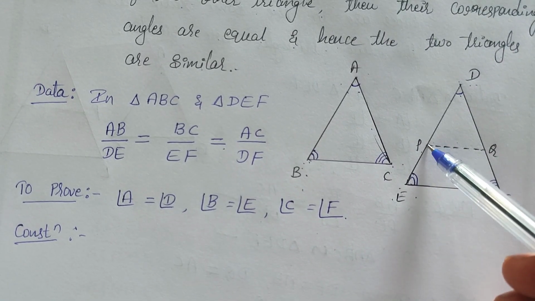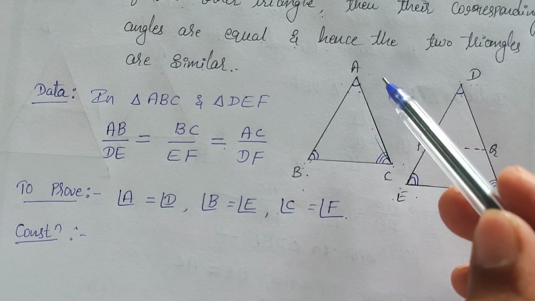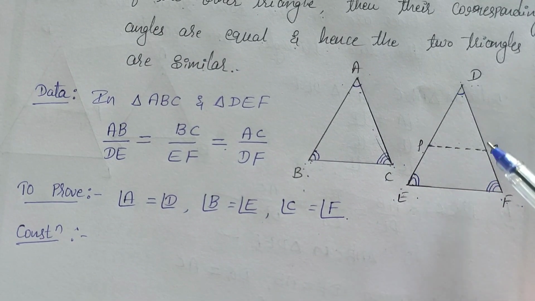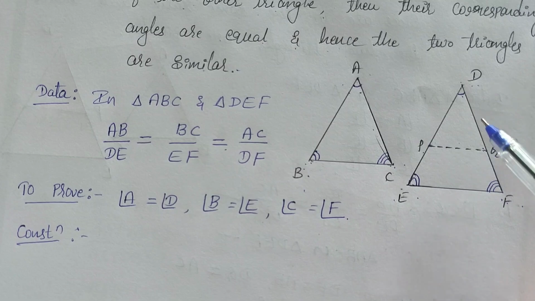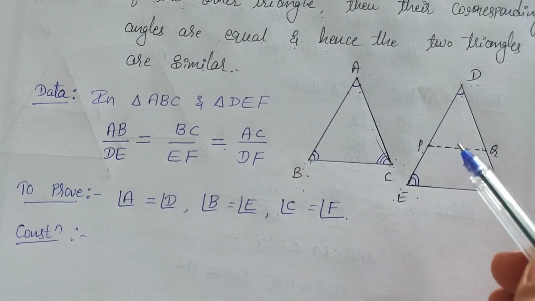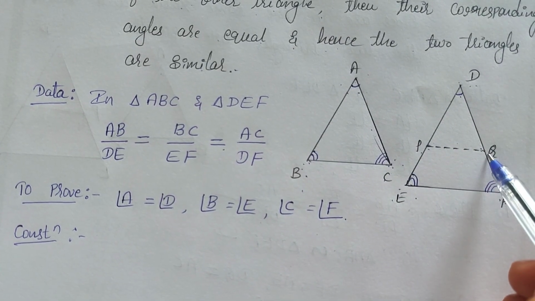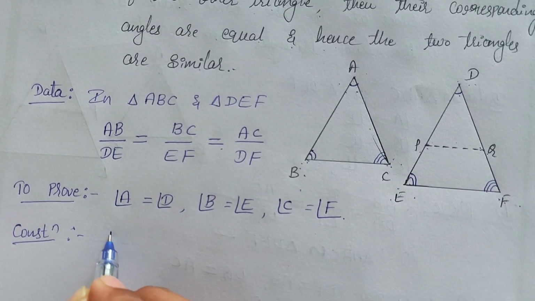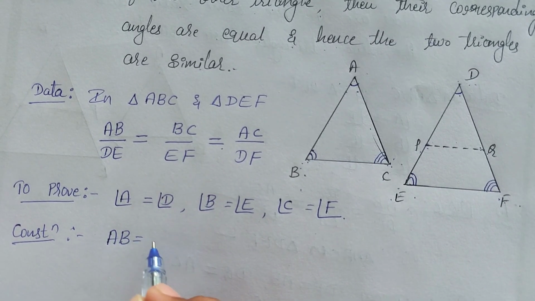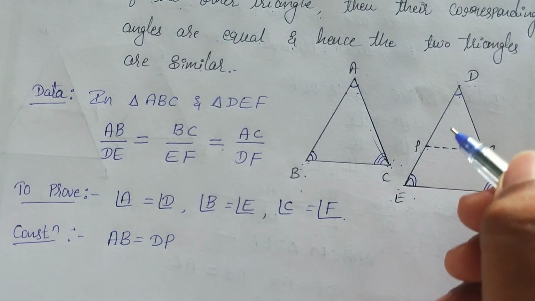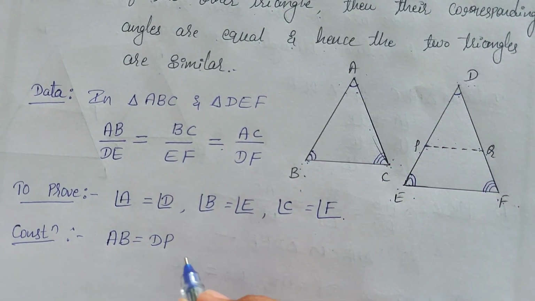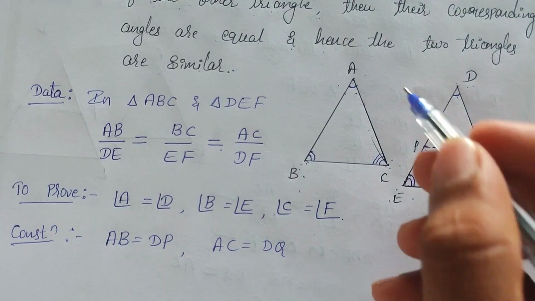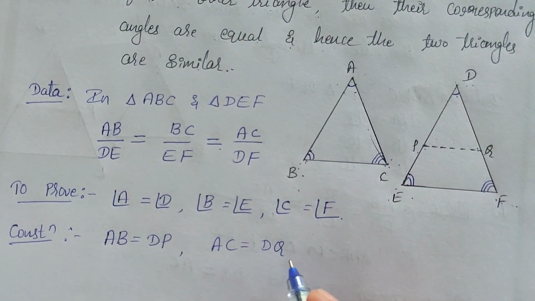You have to mark point P on DE, and same as that of AC, you need to mark a point Q from D which is equal to the length of AC. And we have to join P and Q. So we have to write that AB is equal to DP, the length of DP is the same as that of AB, and AC is equal to DQ, the length of AC is the same as that of DQ.